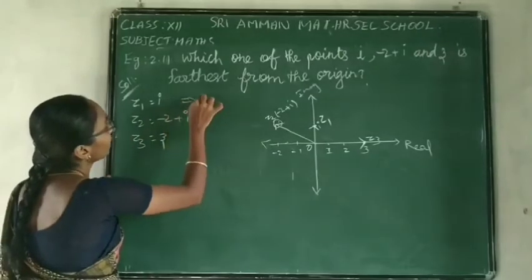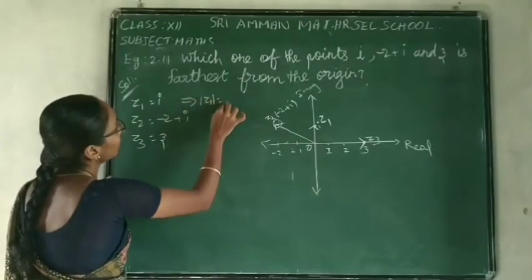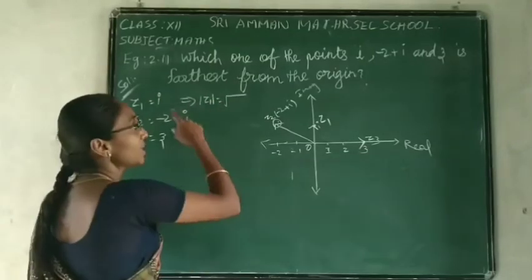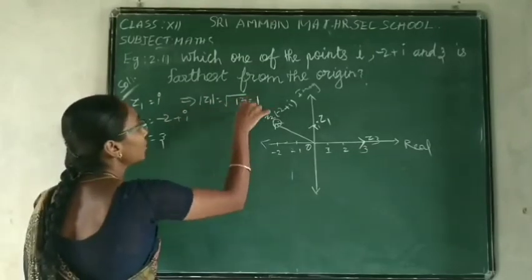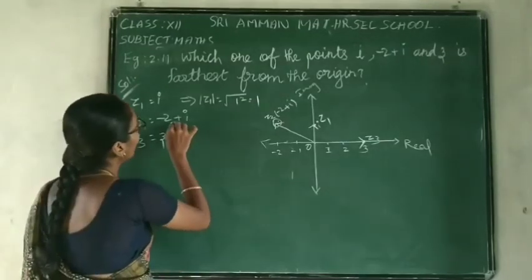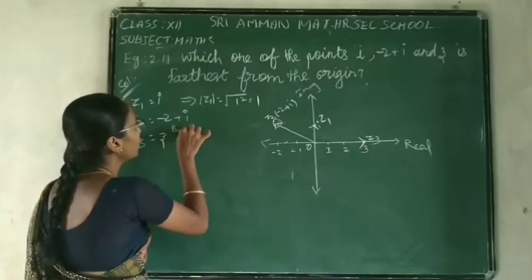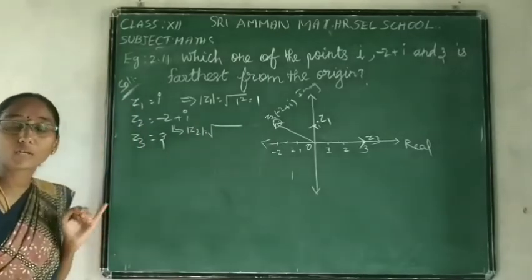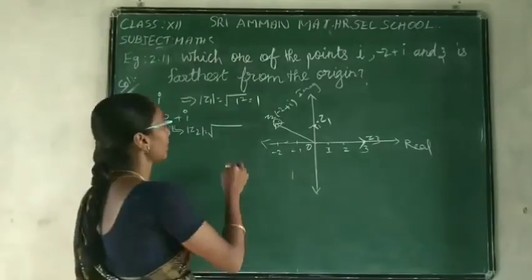So modulus of z1 equals root of, there is no real part, so only the imaginary part, 1 square, which is 1. And then modulus of z2 equals root of real part square plus imaginary part square.